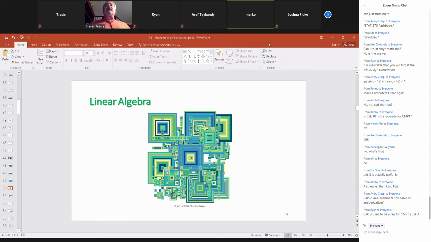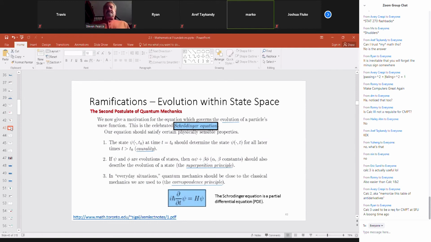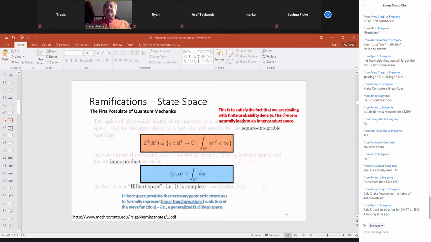It's me again. I have one question. Yes, please. On page 43, I think. 42. I was wrong. Okay, yeah. So for the top equation, it says the integral of what I think the absolute value of the wave function squared is less than infinity. Isn't that defined to be equal to 1?